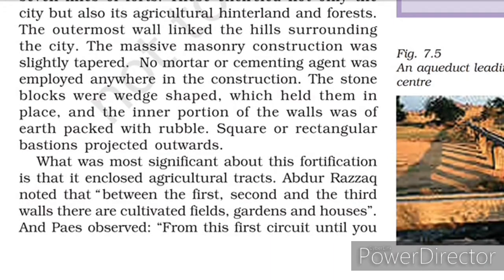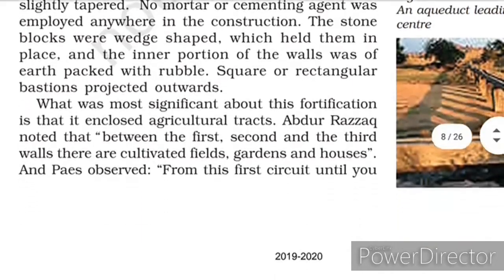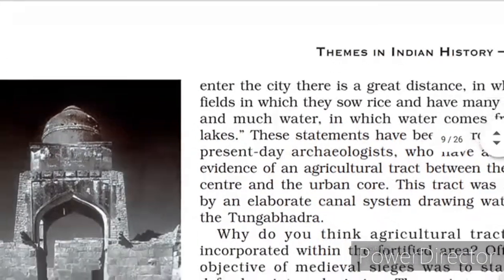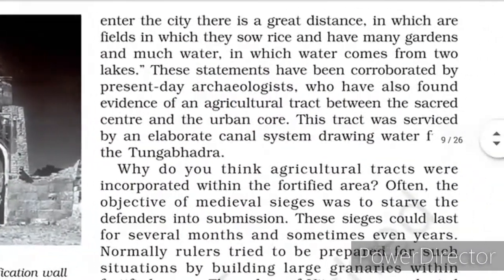So Abdul Razzak mentioned that between the first, second and third wall, there were cultivated land or fields, then the gardens and the houses. Now another traveler from Portugal named Domingo Paes also observed something, that from this circuit, that means from the first, second and third, whatever was there, from this circuit until you enter the city, it has got a great distance.